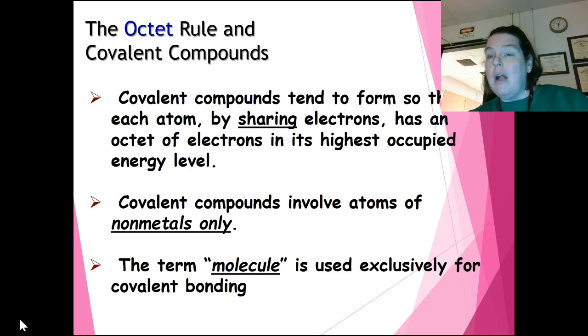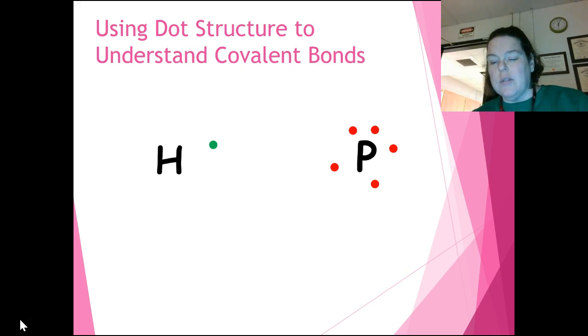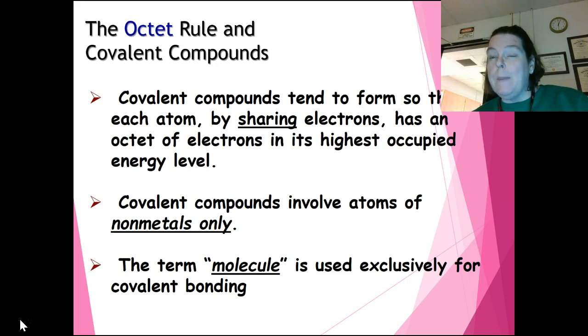If you see the word molecule, it means I have a covalently bonded substance there. So in the packet that you got today, you see the term naming molecular compounds. That's because a molecule is a name for a covalently bonded substance.